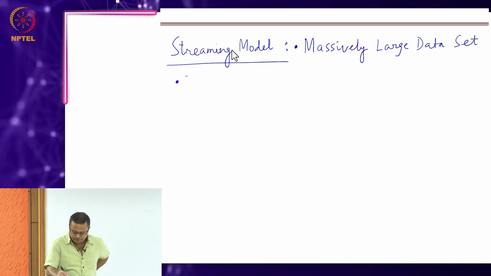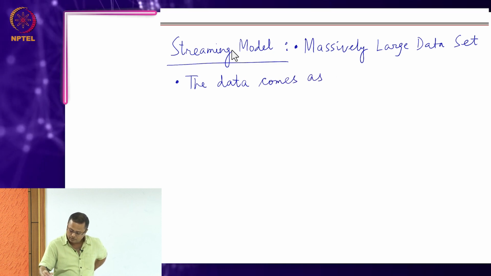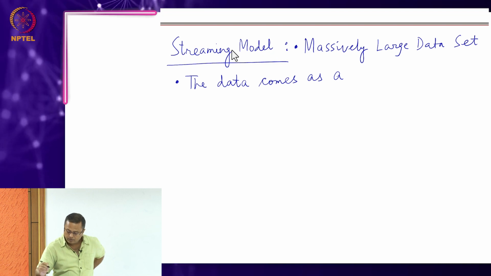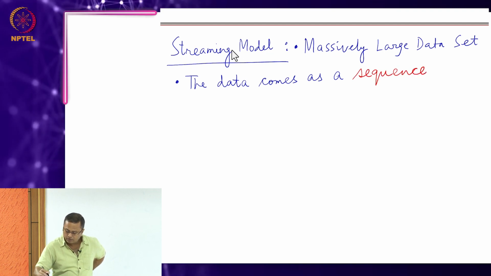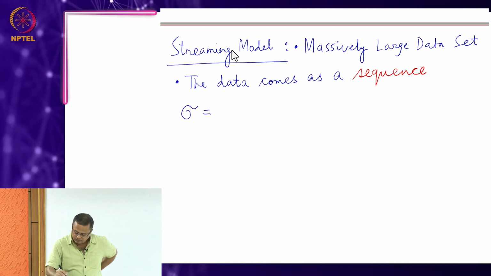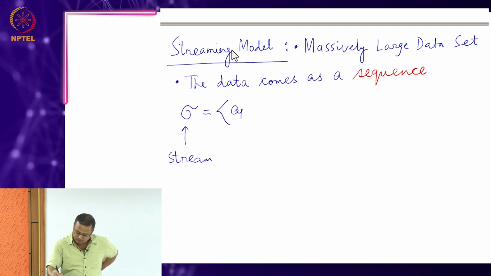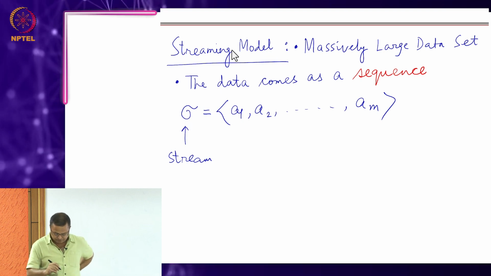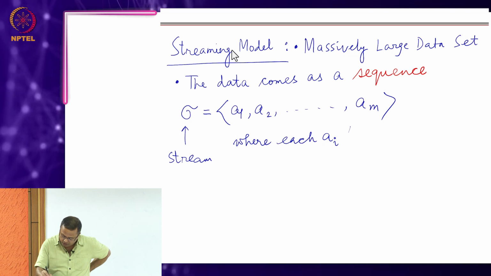This is very important. So, I call this to be the string. So, I will call each Ai to be a token.